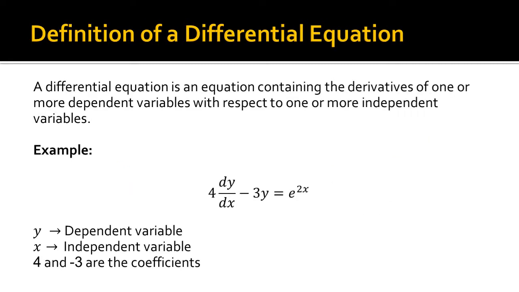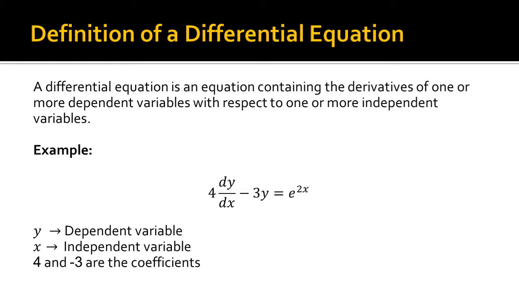Definition of a differential equation. A differential equation is an equation containing the derivatives of one or more dependent variables with respect to one or more independent variables. Look at the given example.